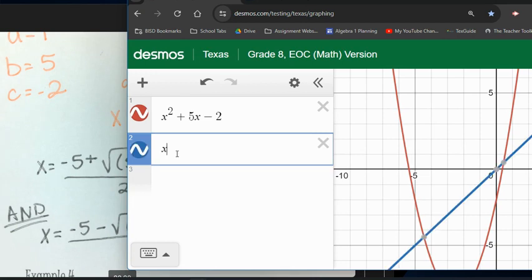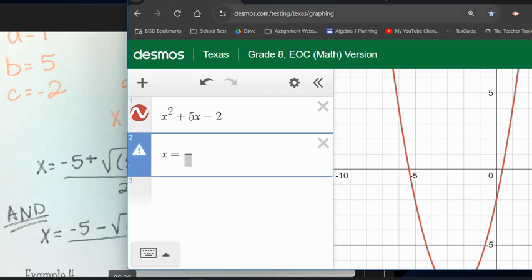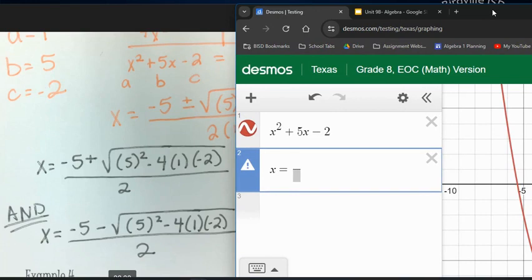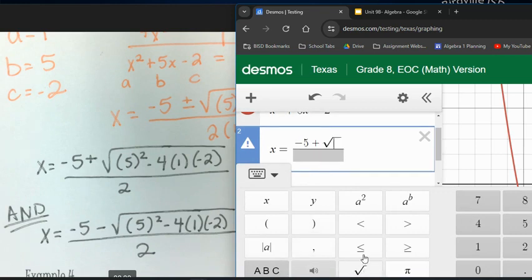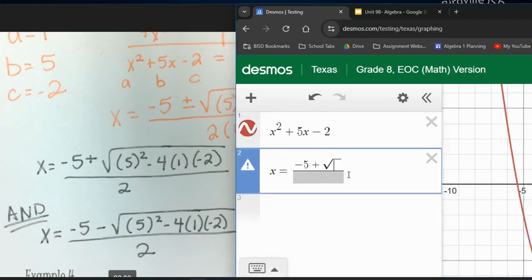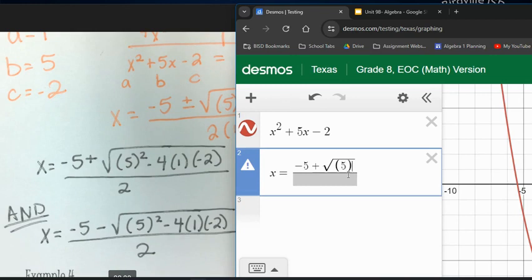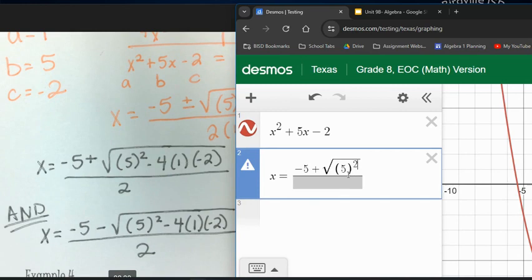Then type in x equals, make your fraction. Go ahead and type in the first one, -5 plus square root 5 squared minus 4 times 1 times -2 over 2.